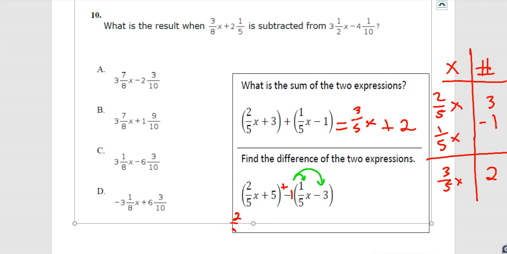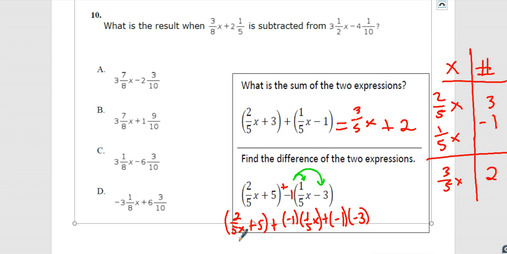I'll rewrite it as 2/5 x plus 5 plus, when I distribute the -1, that's -1 times 1/5 x plus -1 times -3. So at this point, all I'm doing is really just changing the signs.